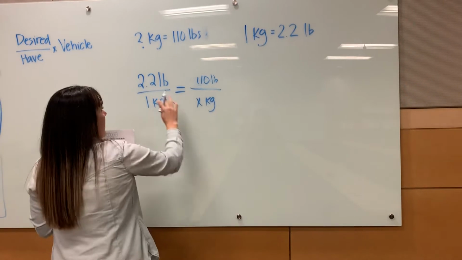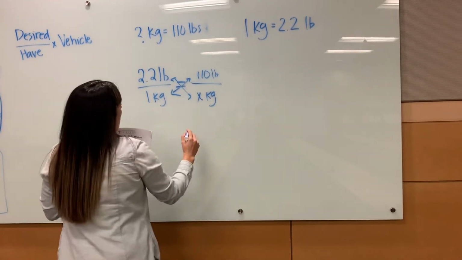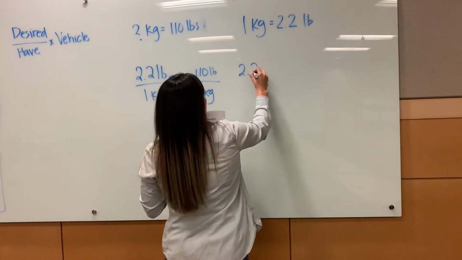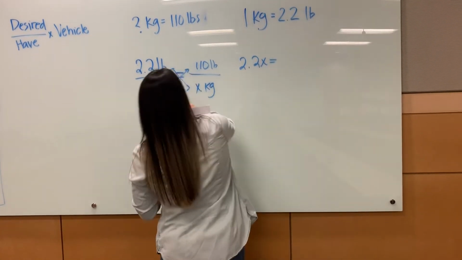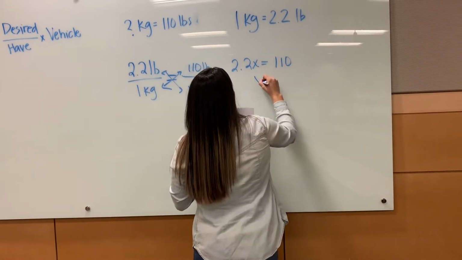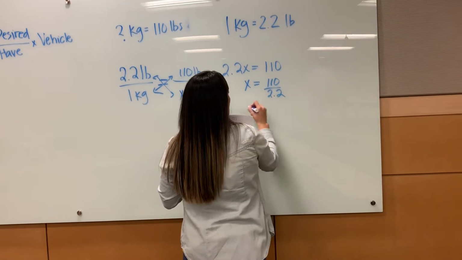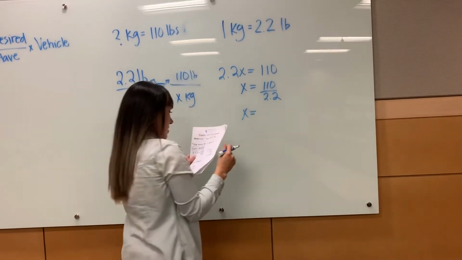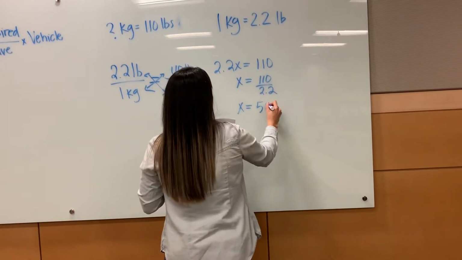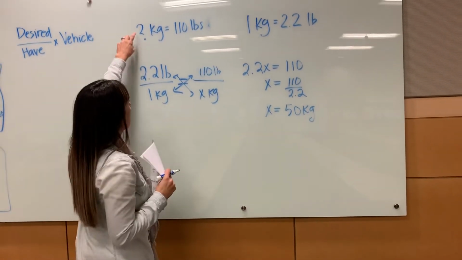Okay, and then because it's the ratio method, we're going to cross multiply, and we get 2.2x equals 1 times 110, and 110 divided by 2.2 equals 50 kilograms, okay? Because that's what we wanted to know, kilograms.